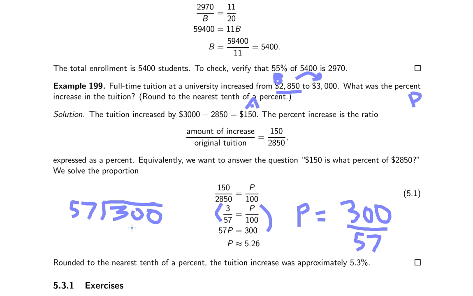Well, 57 into 30 doesn't go. 57 into 300: 6 is too big, but it goes in 5 times. Then keep going, and you'll get a decimal.